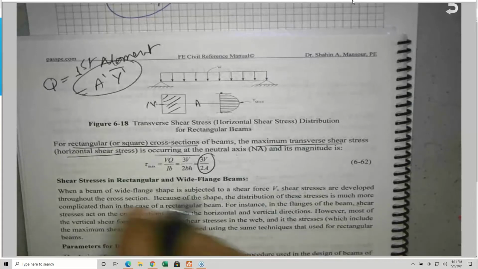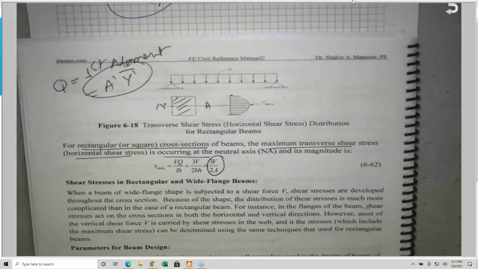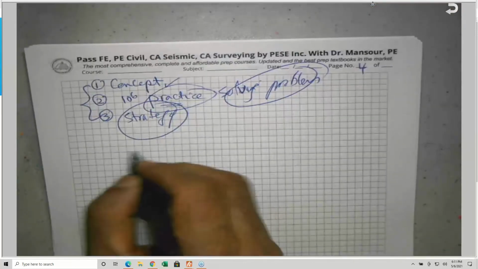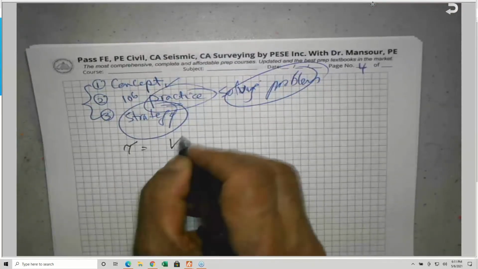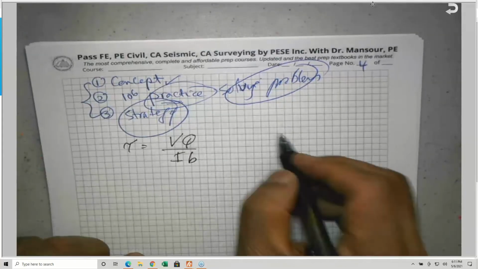I don't know if they provide this equation or not, but just for your knowledge, for a rectangle, tau is equal to VQ over IB.